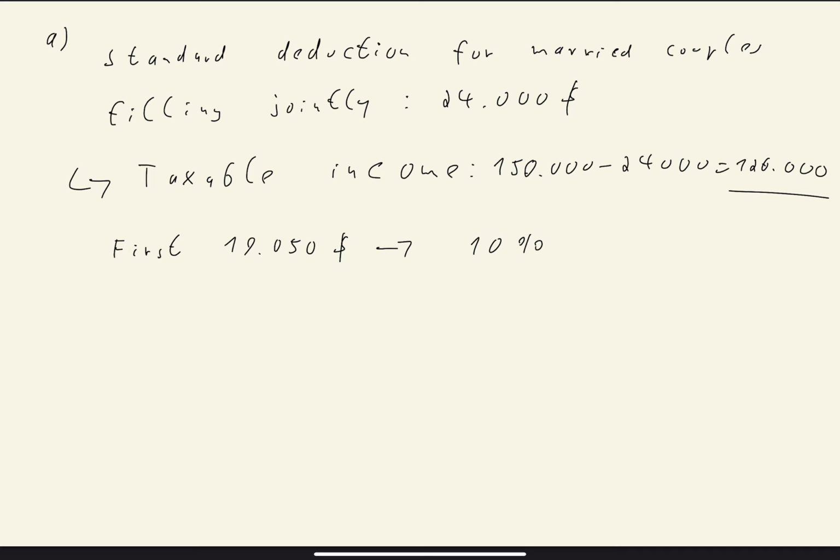liability. Using this tax schedule, the first $19,050 will have a tax rate of 10%. Then between 19,051 and $77,400, we will have a tax rate of 12%.